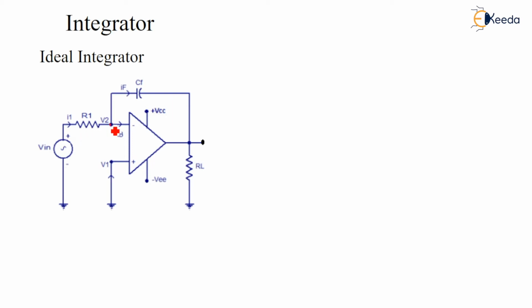Here at this point V2, I'll apply KCL. The KCL says that the sum of incoming current is equal to the sum of outgoing current. Here the incoming current is I1 and the outgoing currents are IB and IF. So I1 is equal to IF plus IB.